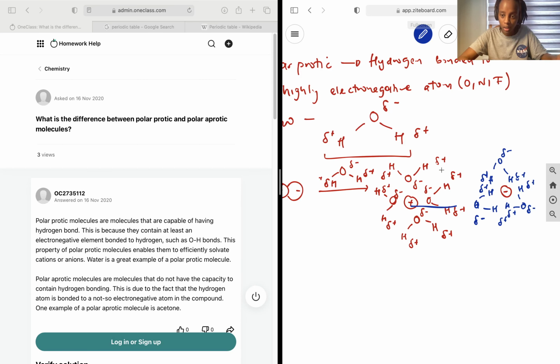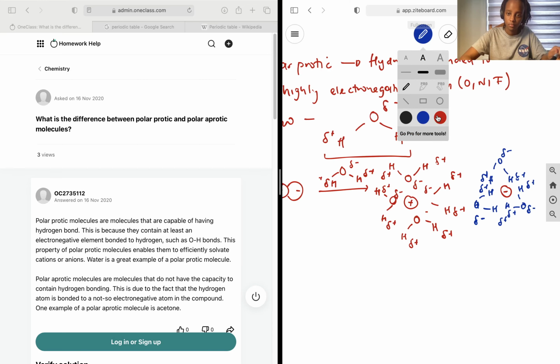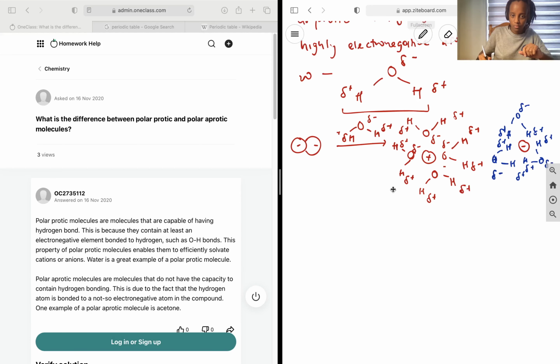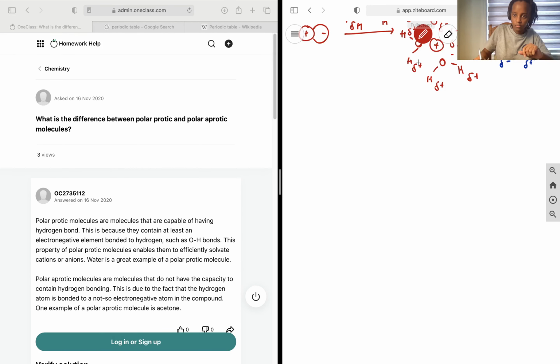Now, a polar aprotic molecule is still polar, so hydrogen is still attached to an atom that is more electronegative than it, but not as highly electronegative as oxygen, nitrogen, and fluorine.